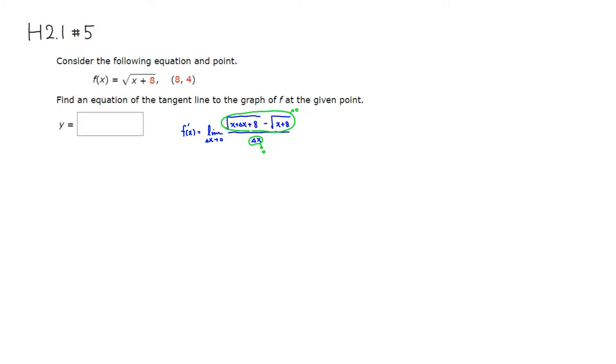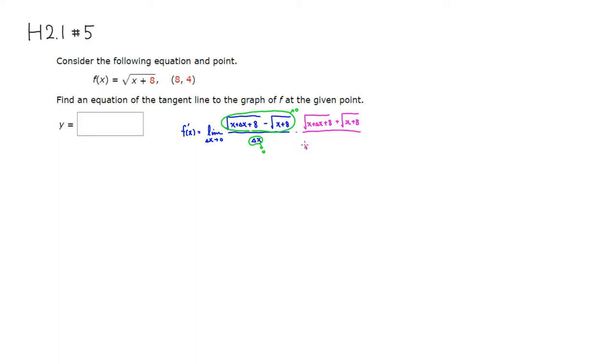So we need to use a trick. We're going to multiply top and bottom by square root of x plus delta x plus 8 plus square root of x plus 8.